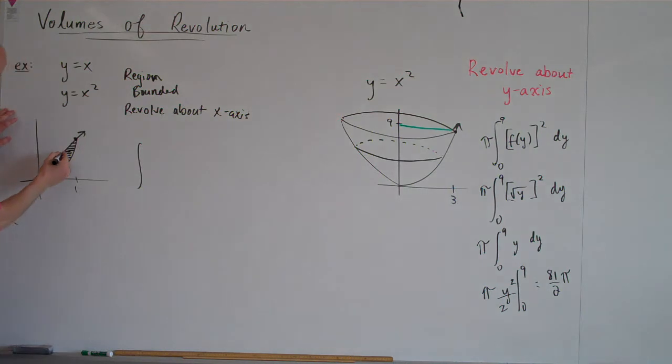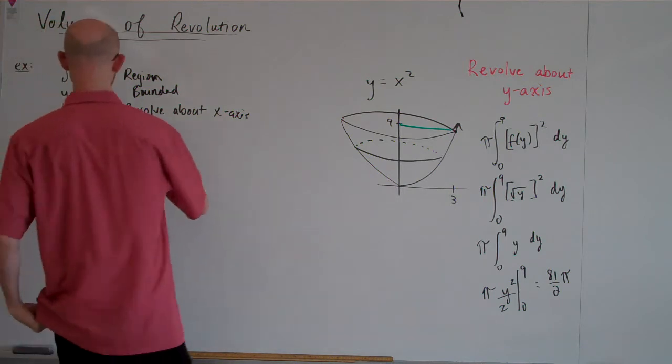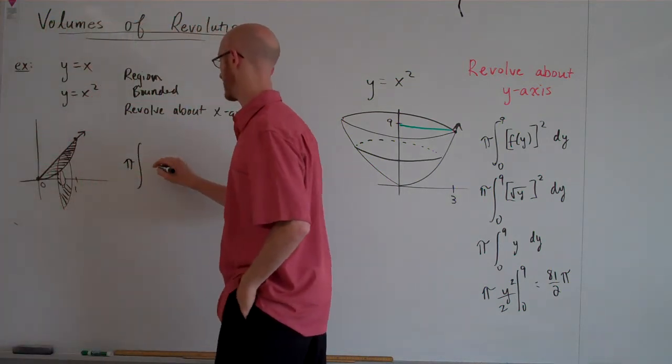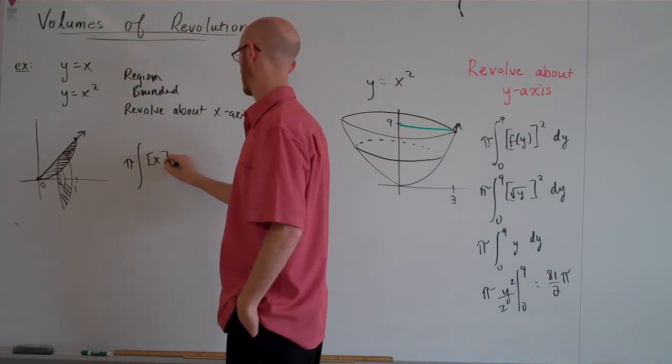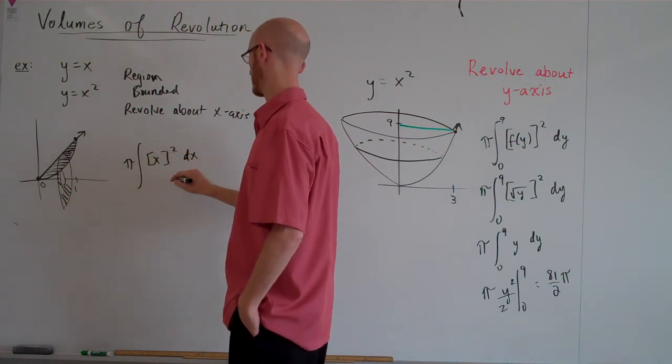In other words, revolving the top around, finding that thing's volume, and then revolving the bottom around, and you can see in here there's a little hole that's been created, so that would be a hole, and then this part would be solid.